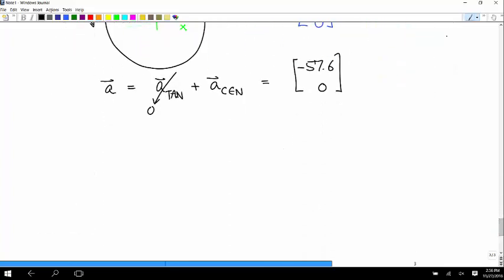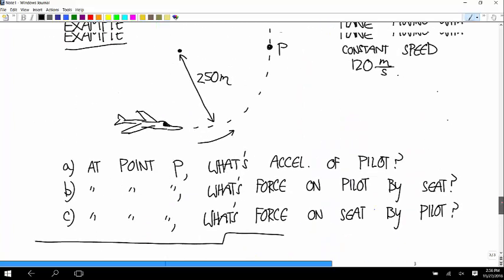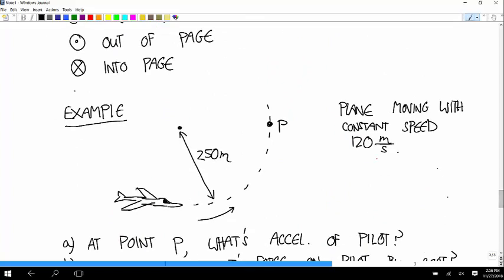So a free body diagram of the pilot would look something like this. The weight force is acting this way. Oh, I didn't give a mass. Let's say the pilot has a mass of 100 kilograms.